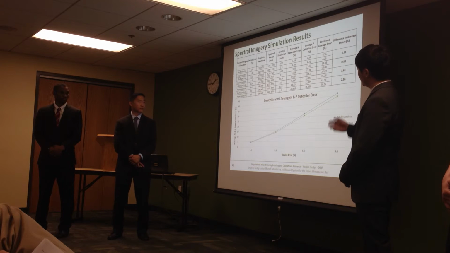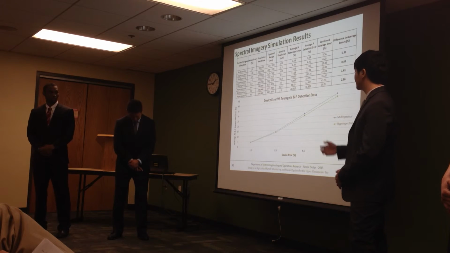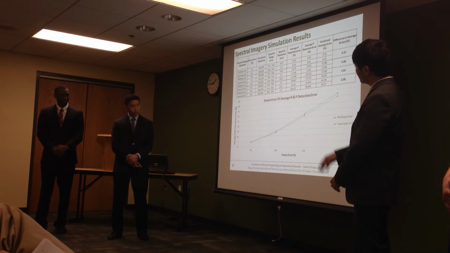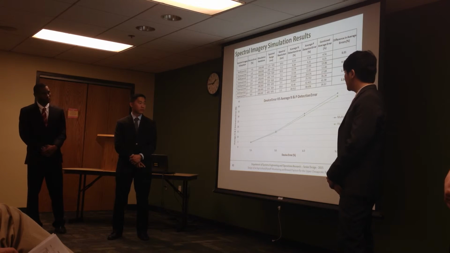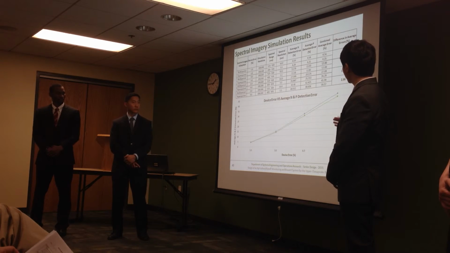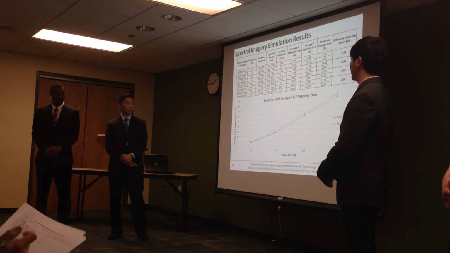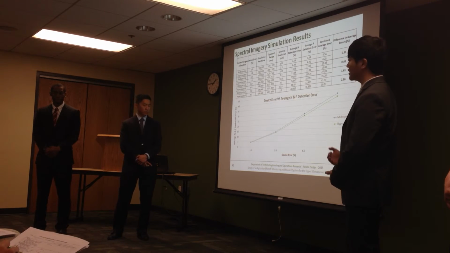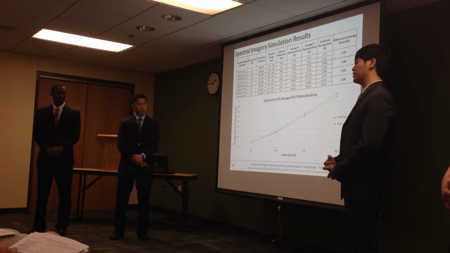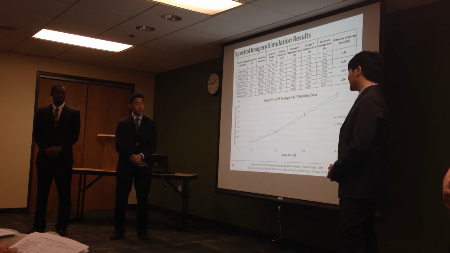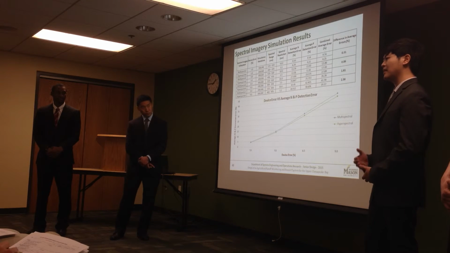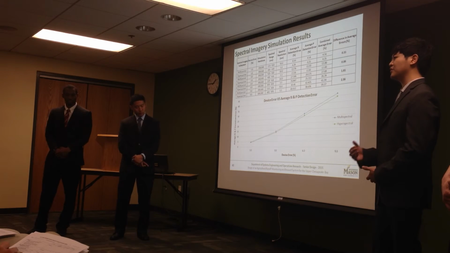As you can see, the trend line increases as we increase the device error. And notice that up to 3% device error, the difference between the multi and hyperspectral detection error is not significant. In fact, the actual difference between those two is less than 1%. And you have to notice that 2% device error is the maximum device error stated directly from the manufacturer.